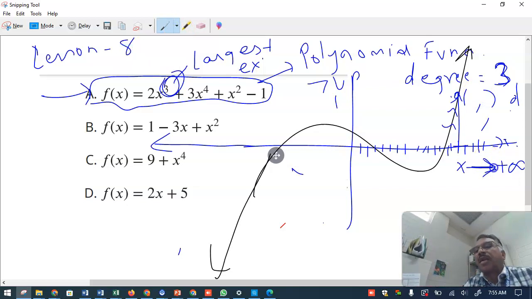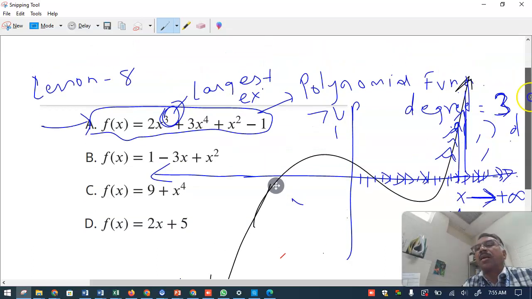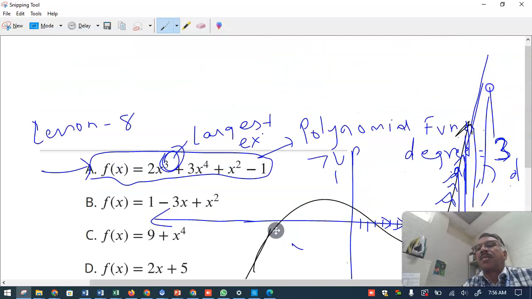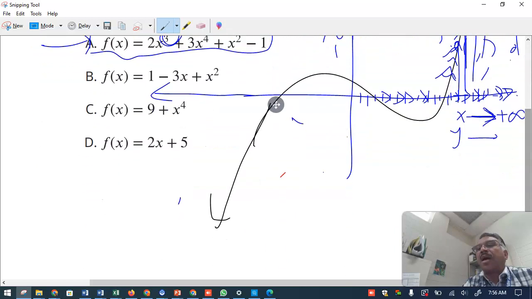As x becomes very large positive, like 10,000, 100,000, a million, the y value goes on increasing, gaining height like this. So the y value becomes very, very large positive, infinity. That's all it means.